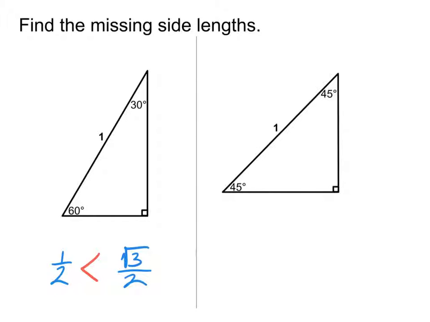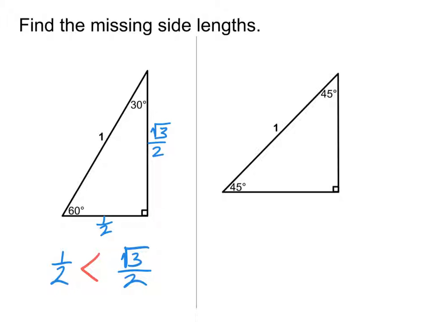So you notice the 1/2 is actually less, which means that if my drawing is drawn relatively to scale, and in this case it is, the short side is the 1/2, and the long side is the root 3 over 2.